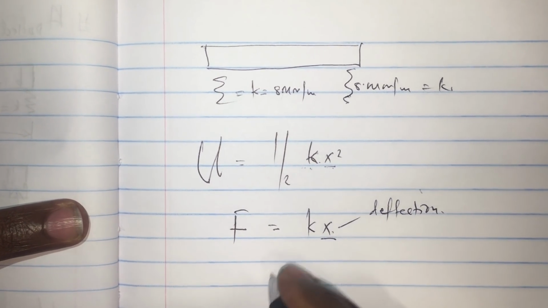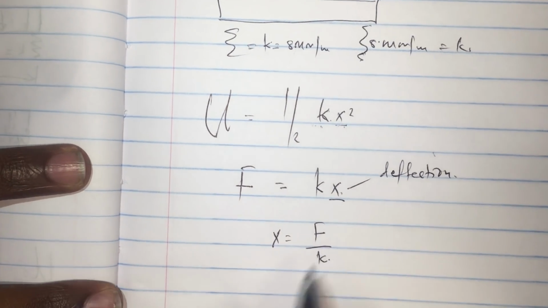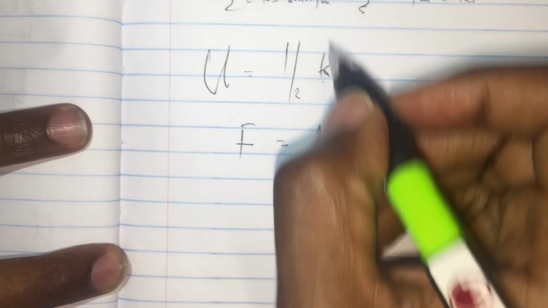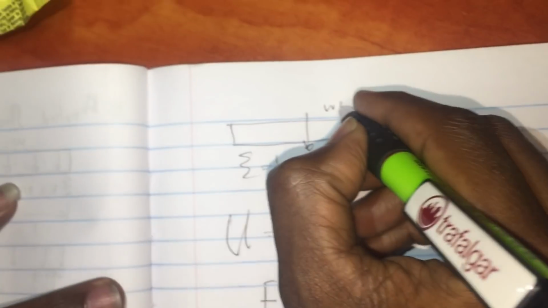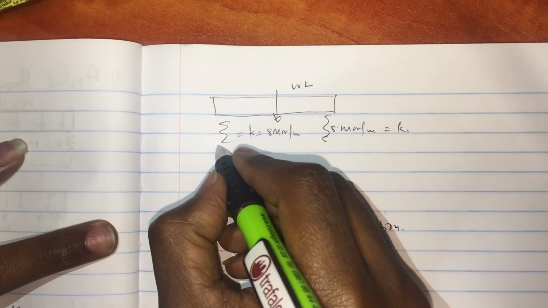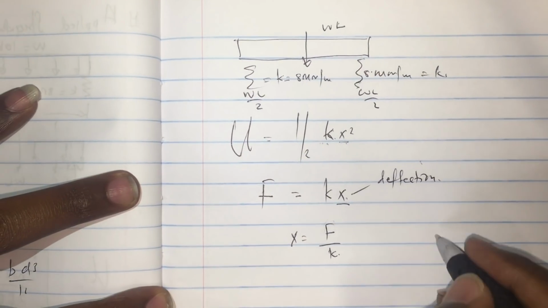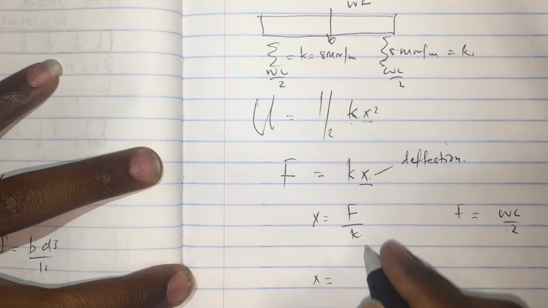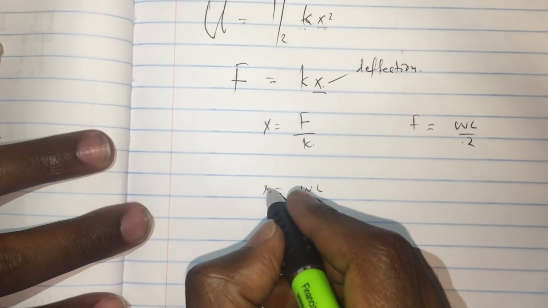So the deflection x is equal to F over K. Remember that this is a UDL and the load applied in this direction is WL over 2, which we have calculated. So we know the force is equal to WL over 2. We can then substitute this, and x becomes WL over 2K.